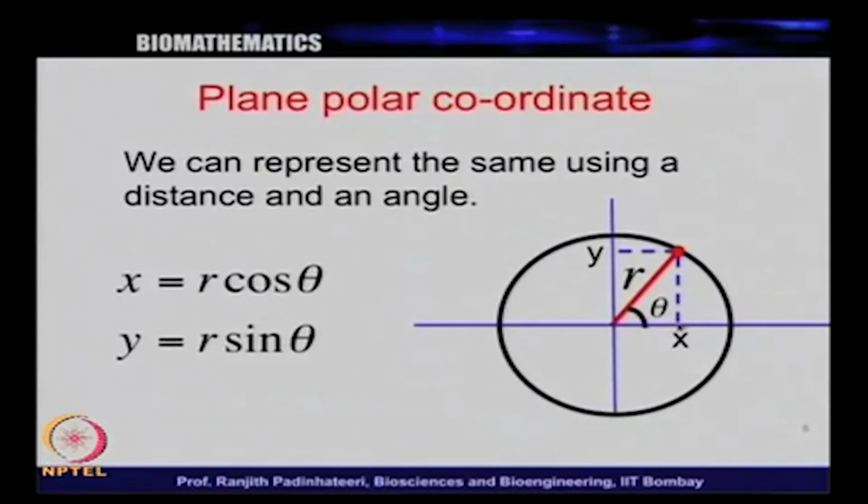You also always know that if you have a right triangle, the hypotenuse r is basically given by x square plus y square. So, let us think about this.